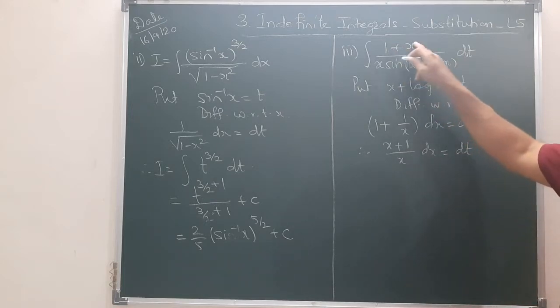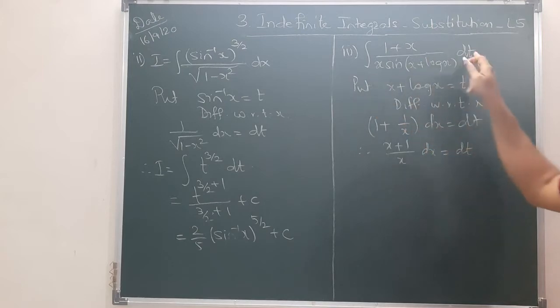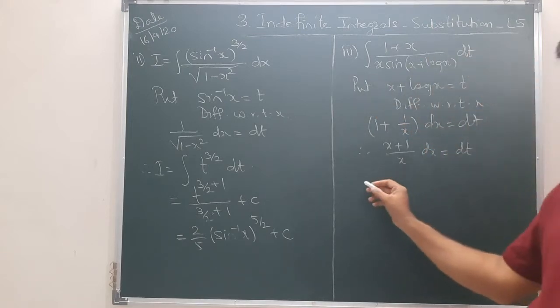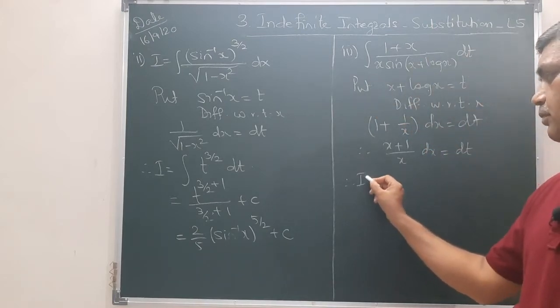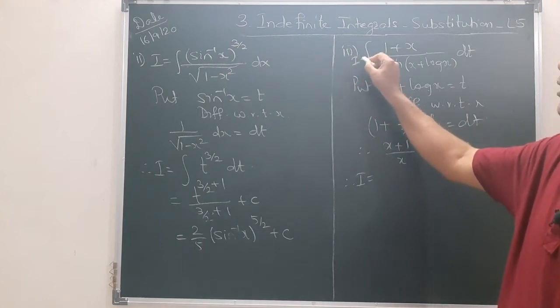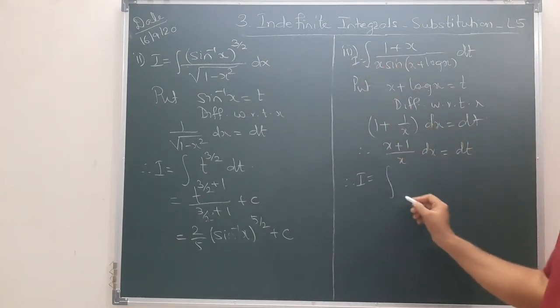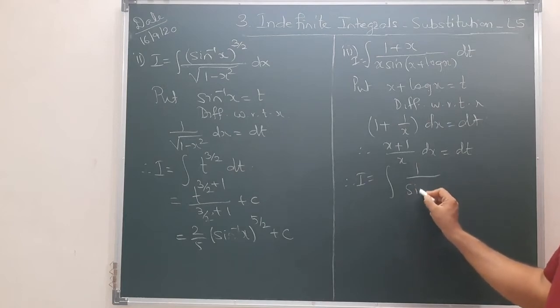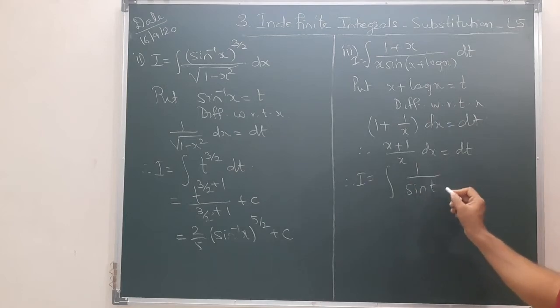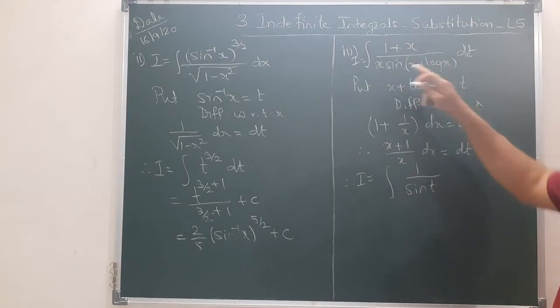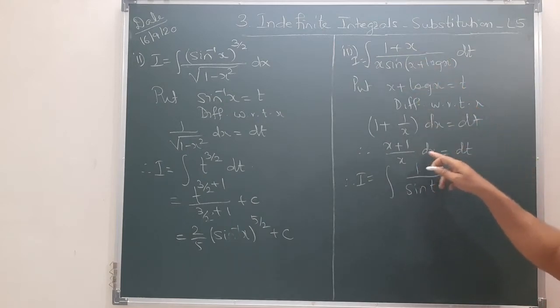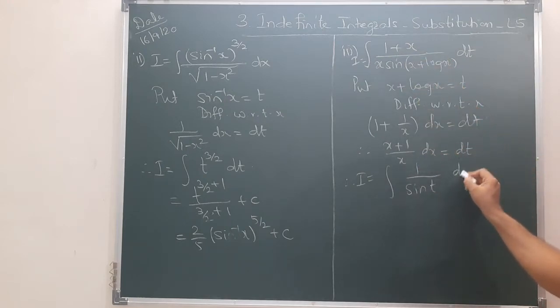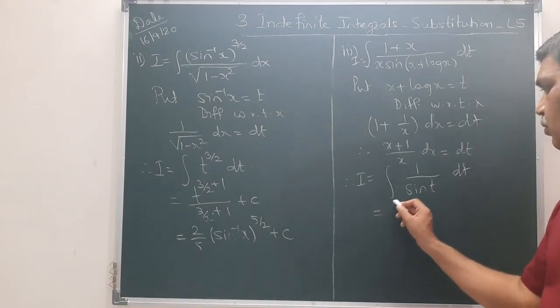Therefore I is the integral of 1 upon sine t dt, and 1 upon sine is cosec.